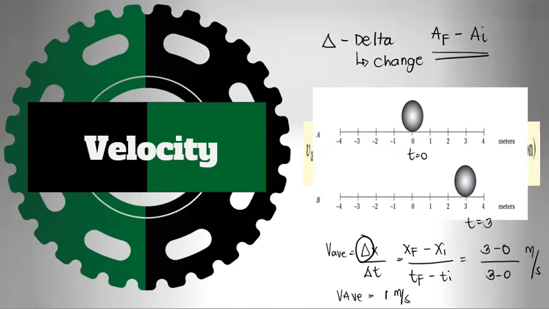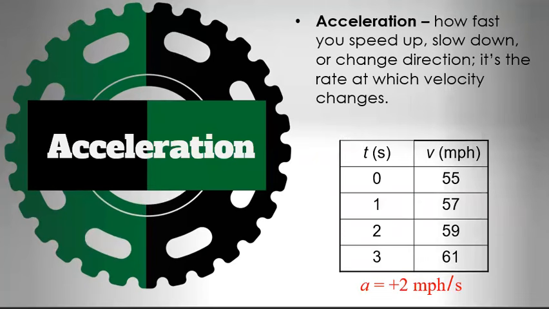Next we move on to acceleration. Acceleration is how fast you speed up, slow down, or change direction. It is the rate at which velocity changes. We could get acceleration if we're talking about velocity.